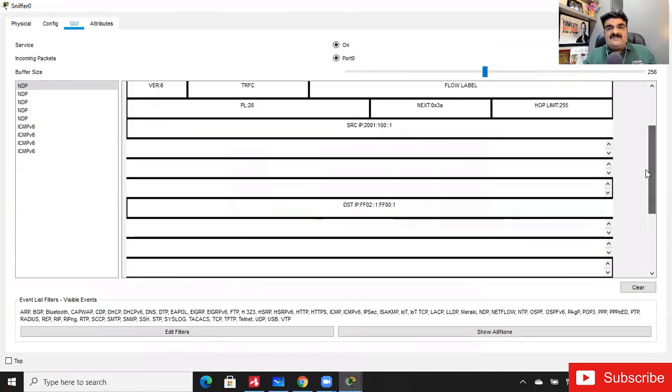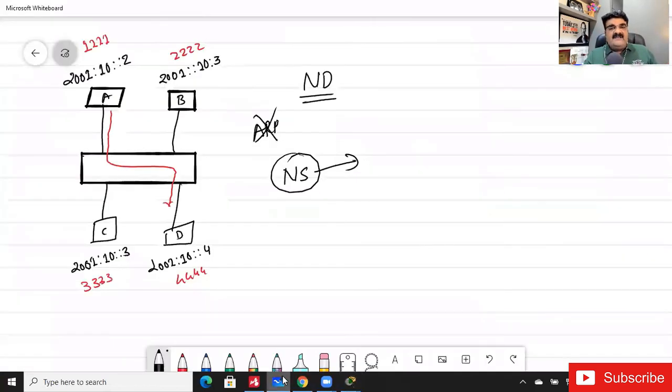But just think about this. It is FF02 colon 1 FF001. We do not need to worry about the format. Just remember that if A wants to send data to D, in the case of IP version 6, A will send a neighbor solicitation message, based on the all node multicast address.